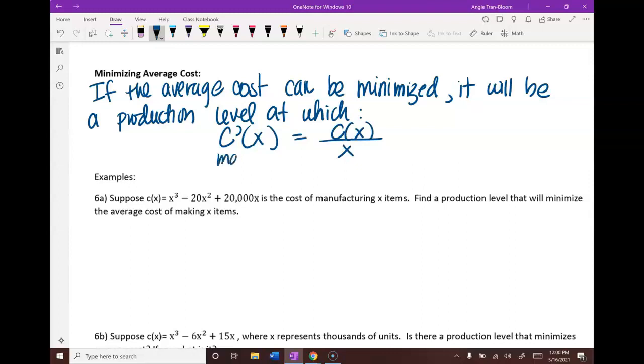Okay, so this is marginal cost and this is average cost.